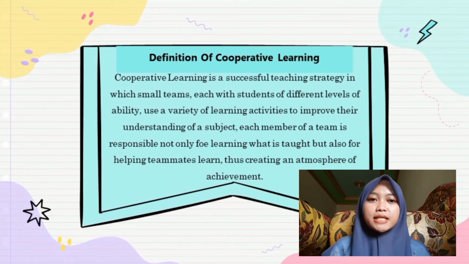Each member of a team is responsible not only for learning what is taught but also for helping teammates learn, thus creating an atmosphere of achievement. Students work through the assignment until all group members successfully understand and complete it.